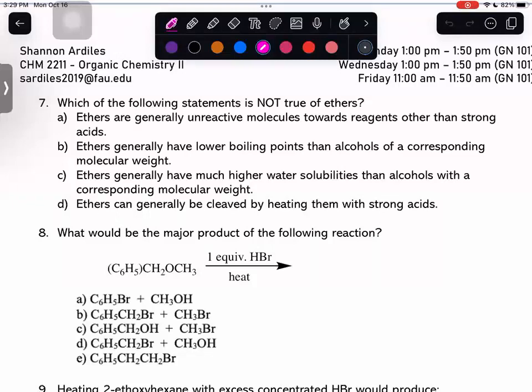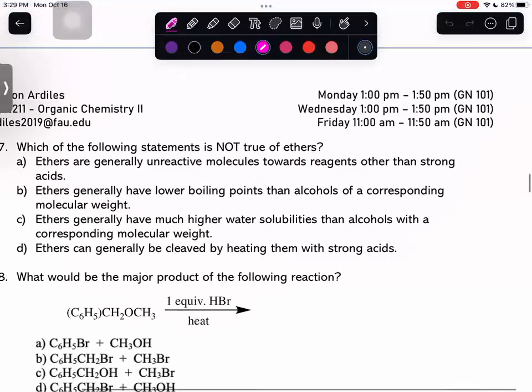Okay. Do we have an answer? Okay. Question 7. I have some votes for B. C. What about in the back? A. Okay. So in this case, first of all, they're asking us for the false statement. So let's go through each of those options. So A says that ethers are generally unreactive molecules towards reagents other than strong acids. Can someone simplify that sentence?